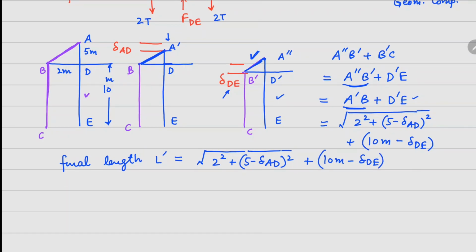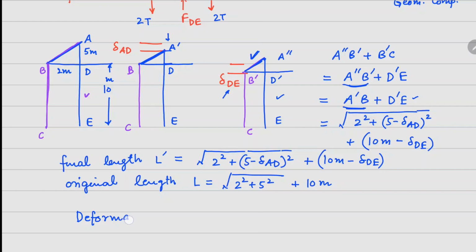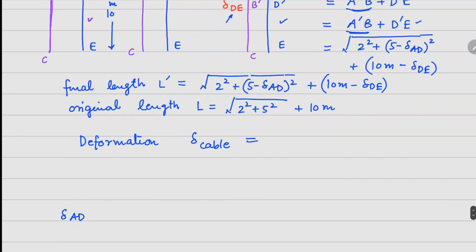Now the original length for the cable L is basically this one right here, which is square root of 2 square plus 5 square, and the vertical height BC, which is 10 meters. If you think in terms of deformation, your delta cable is equal to L dash minus L.